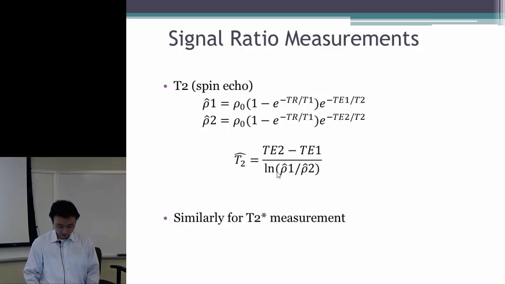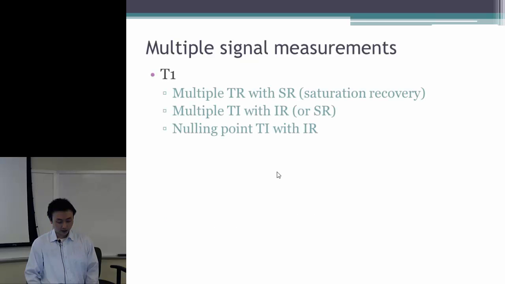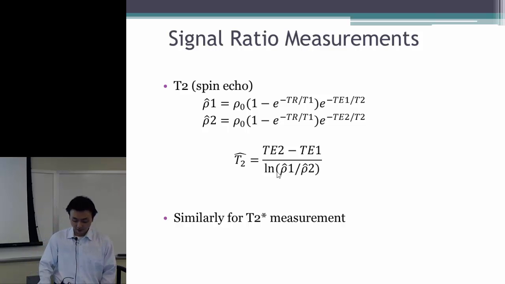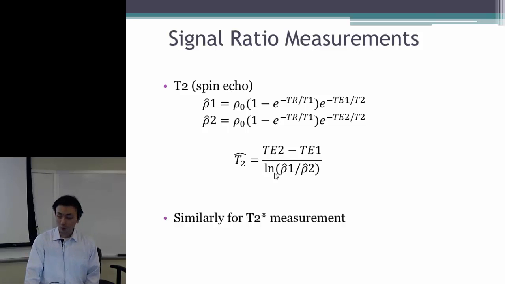This is similar for T2 measurements if we use gradient echo and collect the gradient echo at two different TEs. This signal ratio measurement is what we call the two-point measurement, where we collect two signal intensities with two different TRs or TEs, and then we use a known model, which is the exponential model, and we can estimate the T1 and T2.